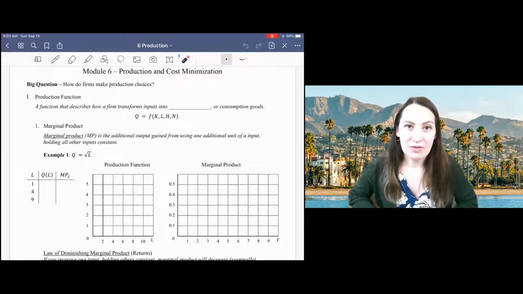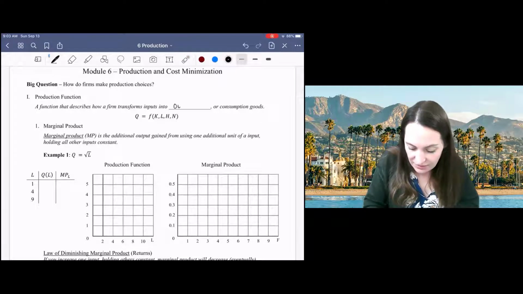So we begin with a production function, which is probably something that's new to you since intro econ, but is a really important part of studying economics going forward. Our production function is a mathematical equation that describes how we transform input into output.